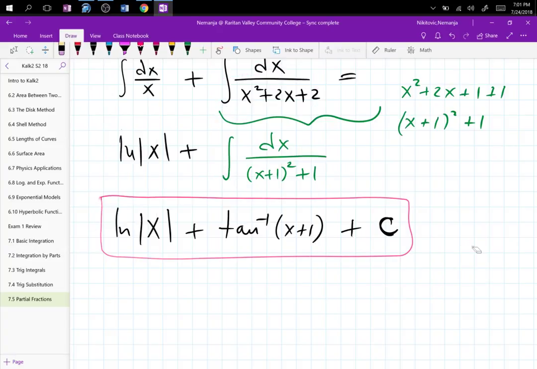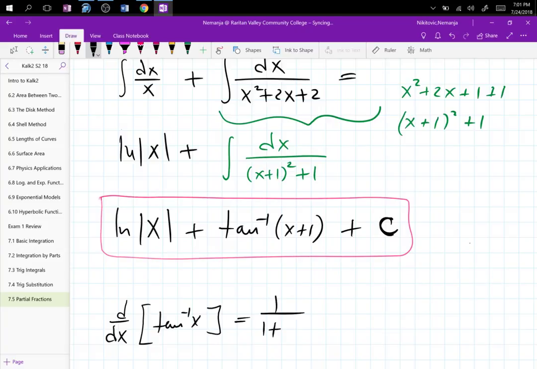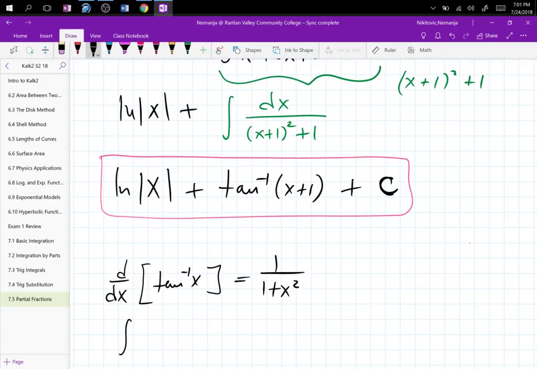If you take the derivative of inverse tangent of x, you get 1 over 1 plus x squared. If you integrate 1 over 1 plus x squared dx, you get inverse tangent of x plus C. So I hope you see that the green form over here is identical to that form over there. Except you don't have x, you have x plus 1. But that's why in the answer I have x plus 1 rather than x that was there. So that should make sense.